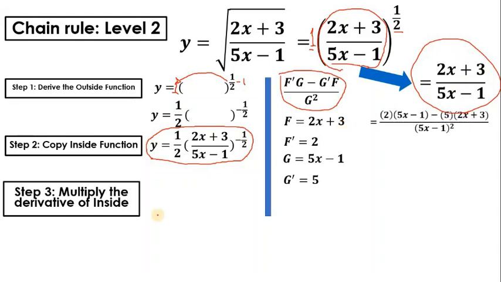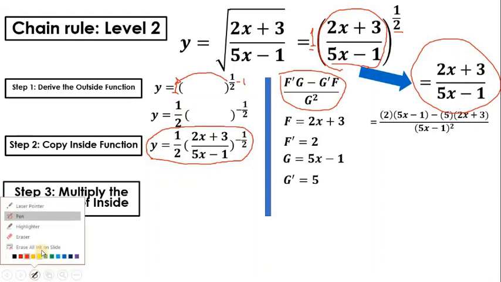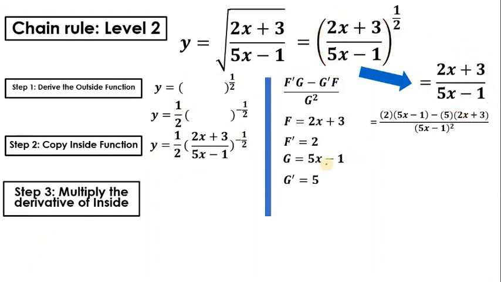By substituting, let me erase some of this writing. So there you have it. We are done identifying this one, so we have to substitute from here. What is your f prime? f prime is 2. Very good. Then the g, or the original function, your denominator, is 5x minus 1. You copy the minus sign. What is your g prime?